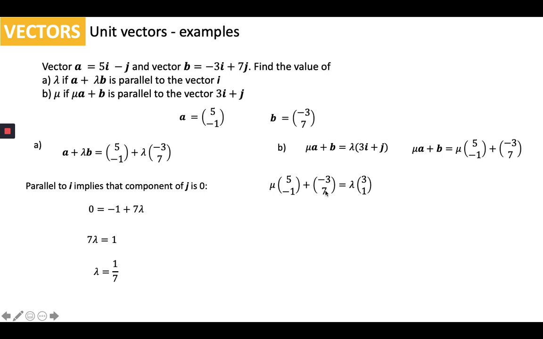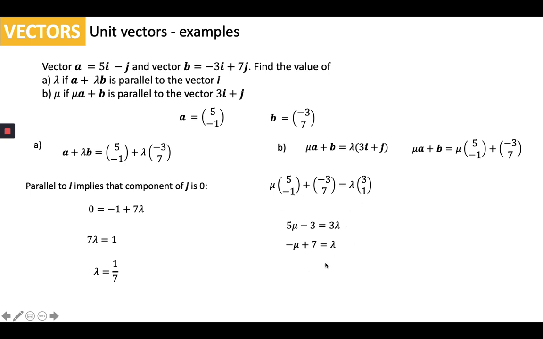Now, I can't obviously solve them with one equation, but luckily I've got coefficients, so I've got this top line equation, 5 mu minus 3 equals 3 lambda, and I've got a bottom equation, negative mu plus 7 equals 1 lot of lambda. That gives me simultaneous equations. Okay. Now all I've done is this is the top line, my i components on the top, and this is my j components on the bottom.